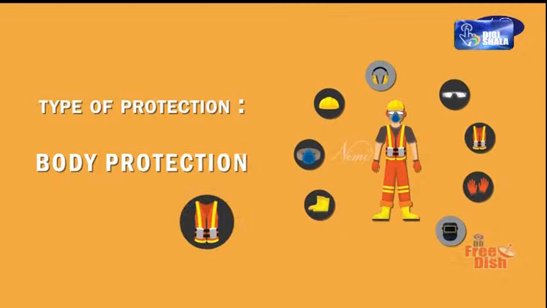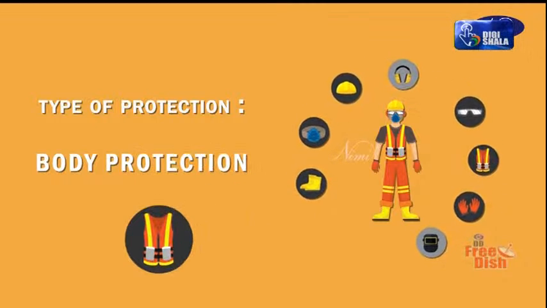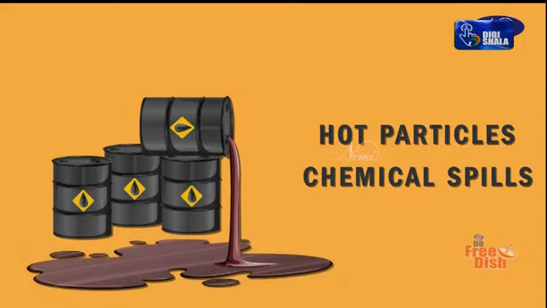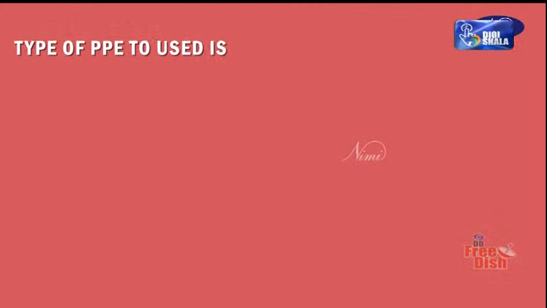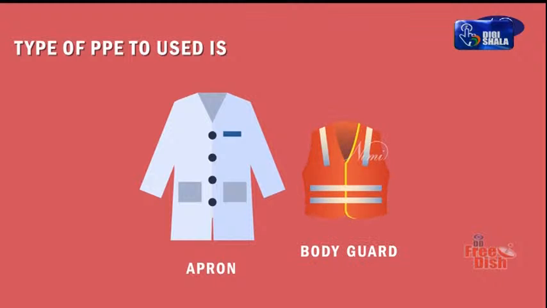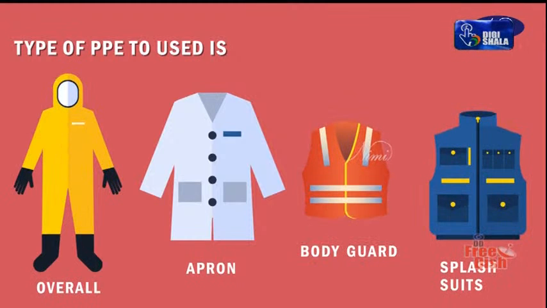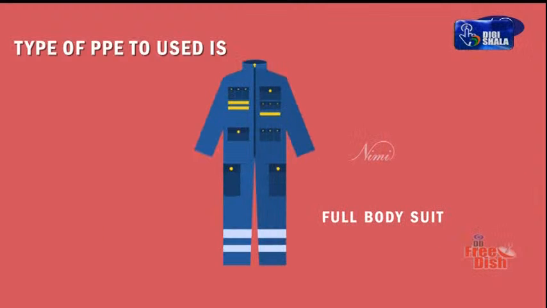Next type of protection is body protection. The hazards are due to hard particles or chemical spills. Types of PPE to be used are apron, bodyguard, overalls, splash suits and full body suits.